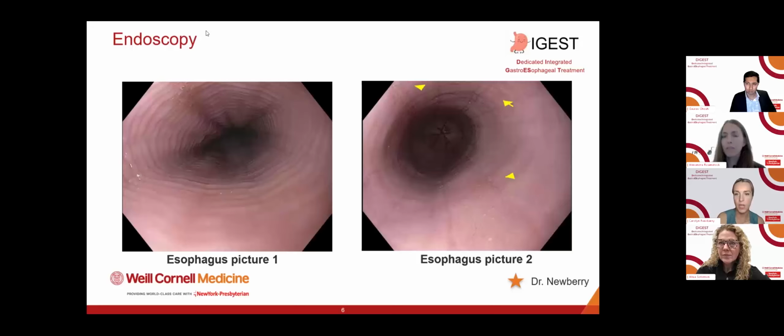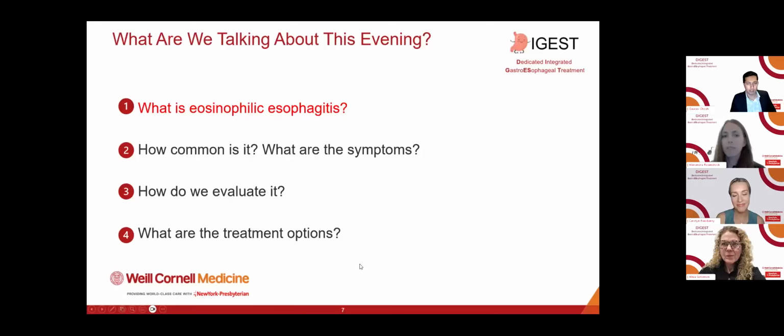And we have some yellow arrows there that are depicting where those lines are. And those are something called furrows. And additionally, those can indicate this type of inflammation we see in EOE. Great, thank you. Yeah, we'll see some normal esophagus pictures later, and then you'll have a better way to compare what's normal and what's not normal.